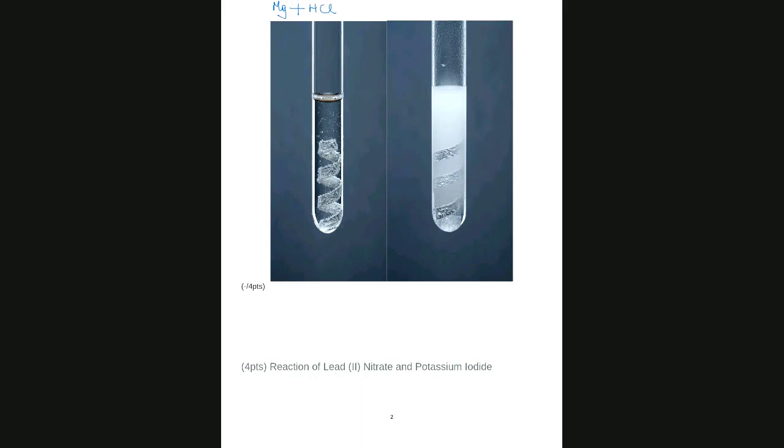And basically, they will give you the reaction. And it forms hydrogen gas plus magnesium chloride.